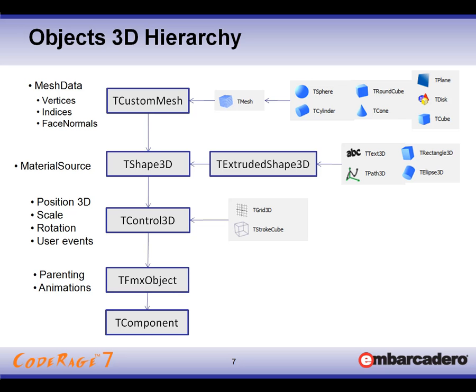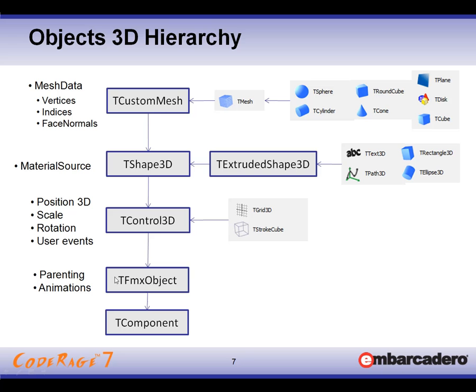Ultimately, those components are also making calls to Context 3D, but quite a lot of work is already done for you and implemented within the component. Looking at the FireMonkey components, going from the bottom of this page, you can see there is a TComponent. This is a base class for anything that can be installed and manipulated at design time within RAD Studio.